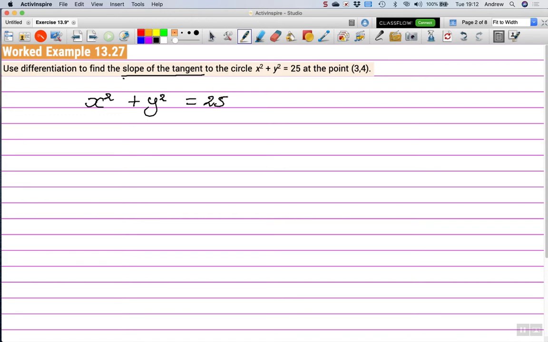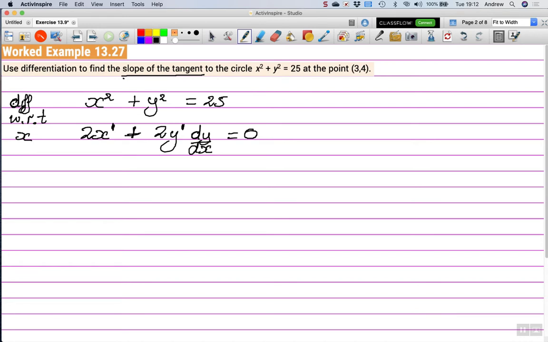We're going to differentiate with respect to x. When we differentiate an x function, we just multiply by the power and put the power down one. When we differentiate a y function with respect to x, we do the same thing, multiply by the power, put the power down one. But because it's a y, we have to remember to multiply it by dy/dx, and that is equal to 0.